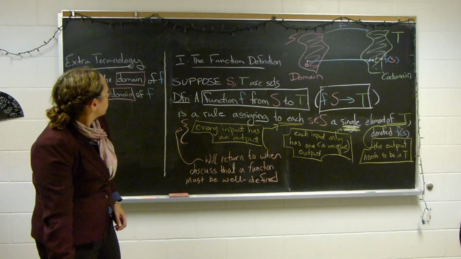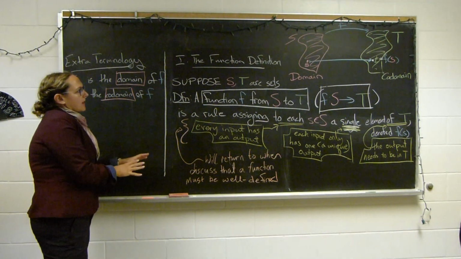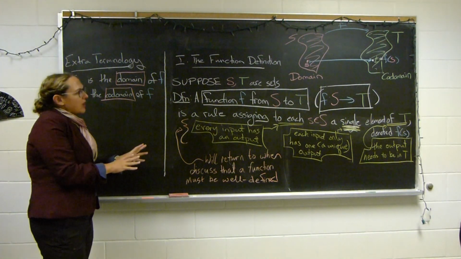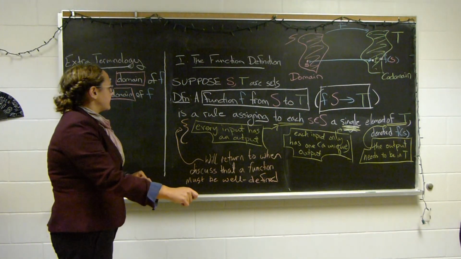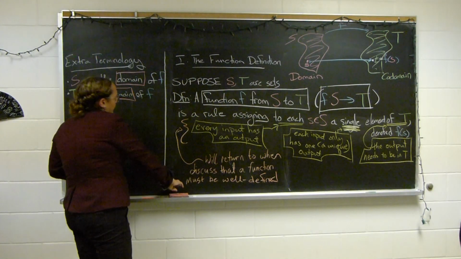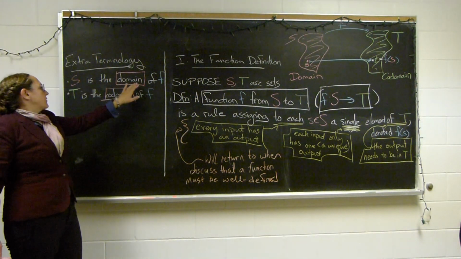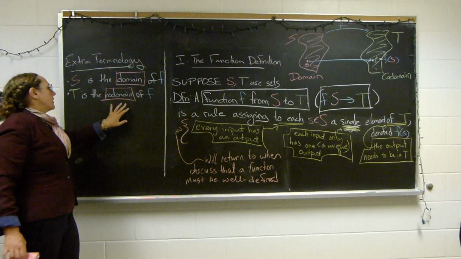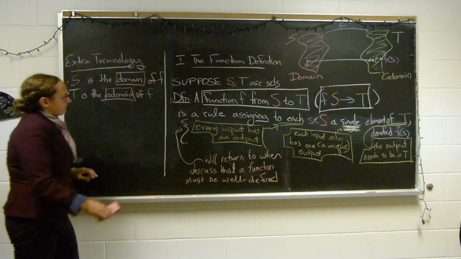Okay, so we have a function. For each element in S, I want a single output, and it has to be an element of T, and all of that boils down to what well-defined means. The inputs are called the domain, and the possible outputs are called the codomain. We don't necessarily hit all of them.